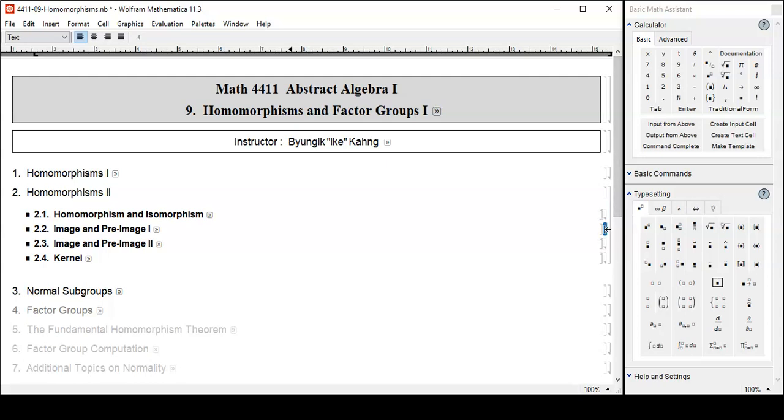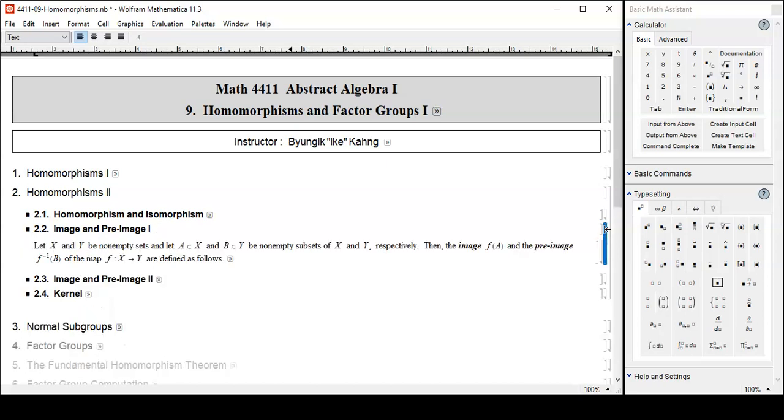Okay, let's go to 2.2, and this too is actually a review and preparation for what's to come. So for the time being, let's forget about algebra and algebraic structure, and let's go back to sets and maps. Let capital X and capital Y be non-empty sets, and let capital A and capital B be non-empty subsets of those X and Y, respectively.